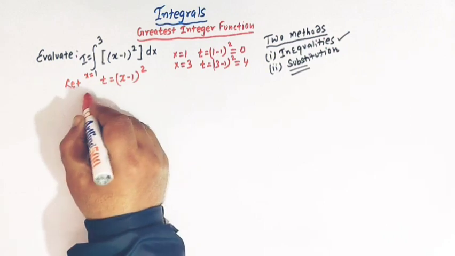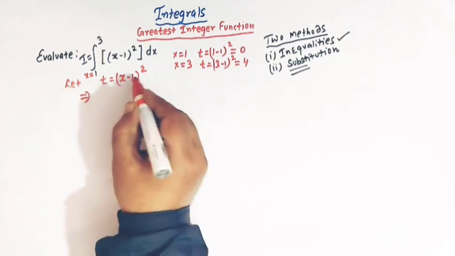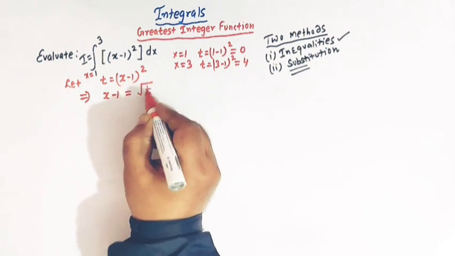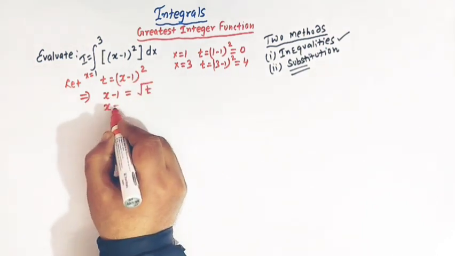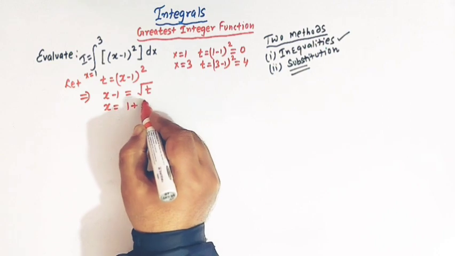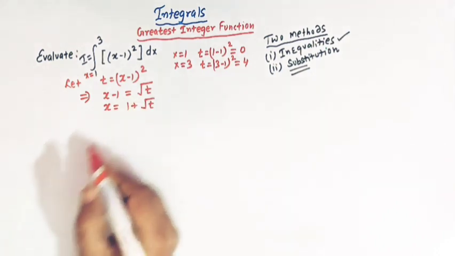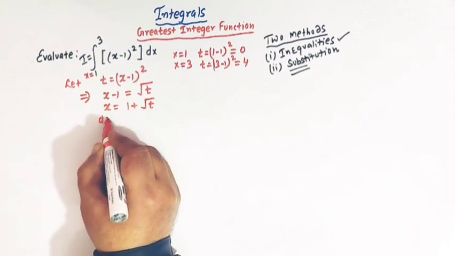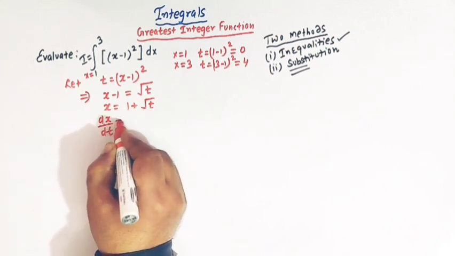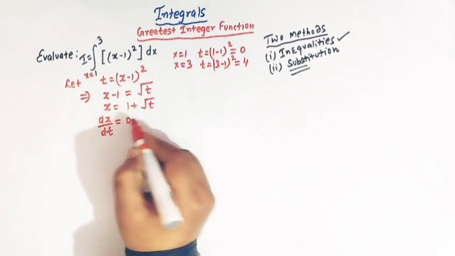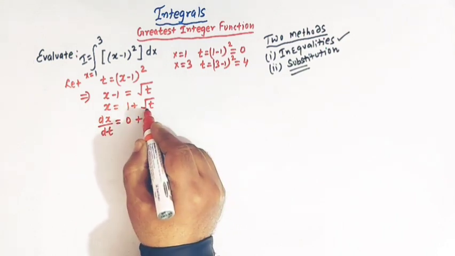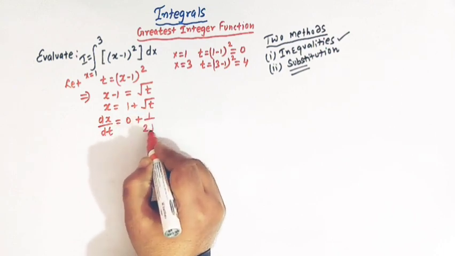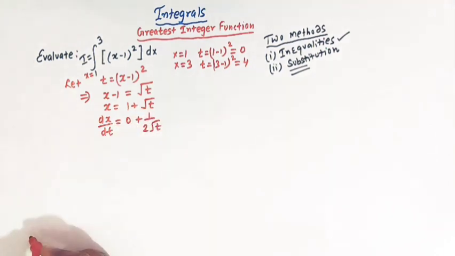Now from this relation, we can write x minus 1 is equal to square root of t, so x can be written as 1 plus square root of t. Let us differentiate x with respect to t. dx over dt is the derivative of 1, which is 0 being a constant, plus the derivative of square root of t, which is 1 over 2 times square root of t.